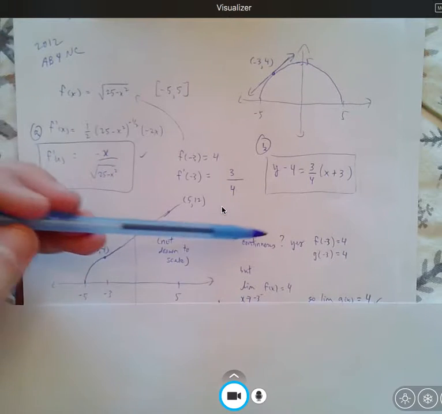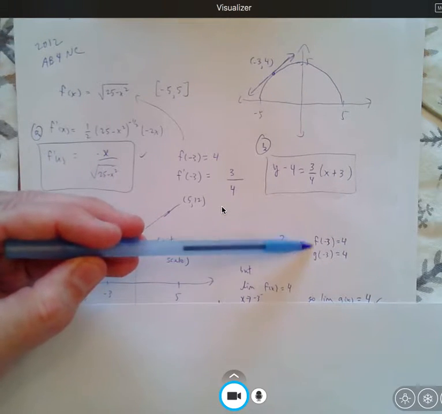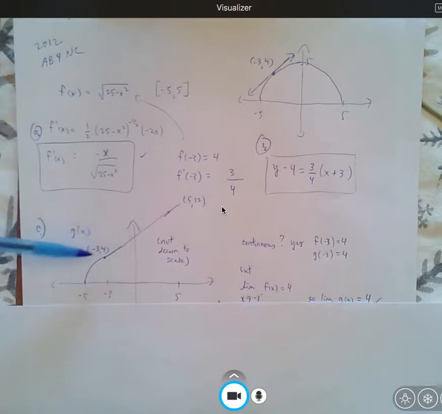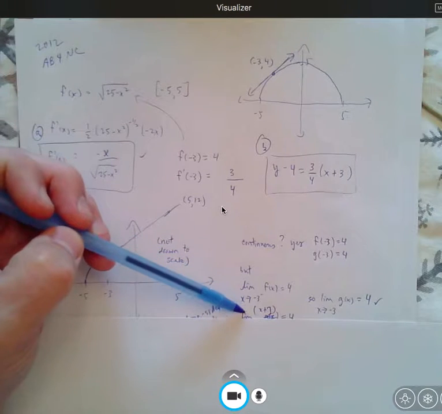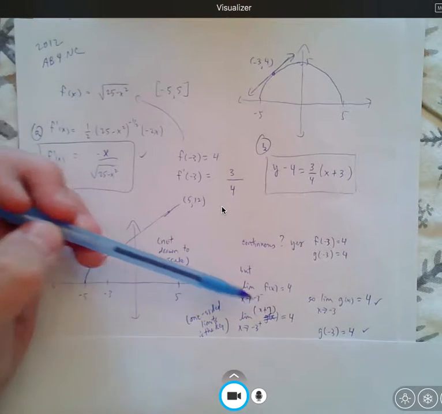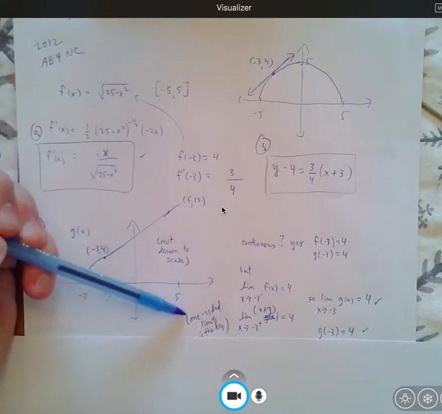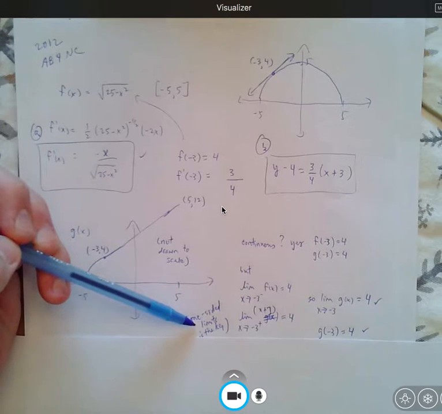You have to show continuity by explaining that the function values are the same from both sides of the piecewise function, and the limit from the left is the same as the limit from the right. So the key is you've got to show one-sided limits to show continuity here.